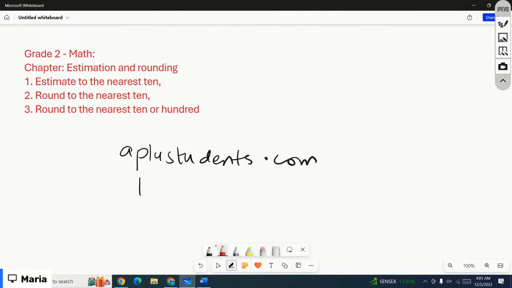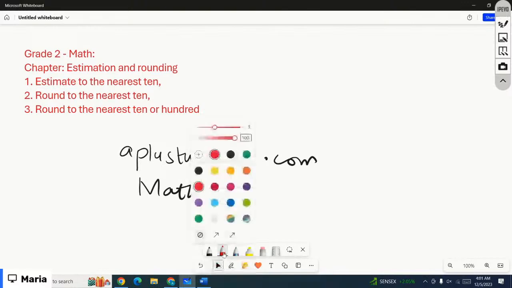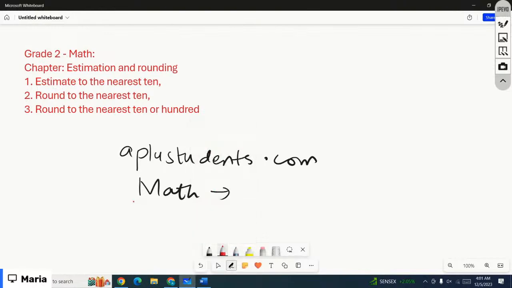Then you have to select math from the subject tab. Scroll down to grade 2 and then click on view all lessons. There you can find a list of the chapters. We're going to start with the chapter estimation and rounding.